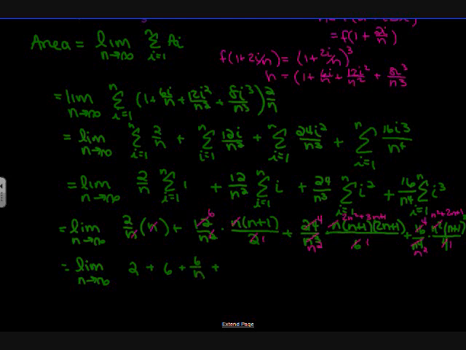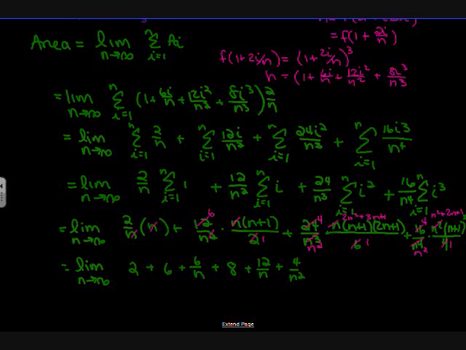Next term, I have 4 times 2n squared, so 8n squared divided by n squared, so that's plus 8, plus 4 times 3n, that is 12n, divided by n squared, so that would be 12 over n. And then I have 4 times 1 over n squared, that gives me 4 over n squared.